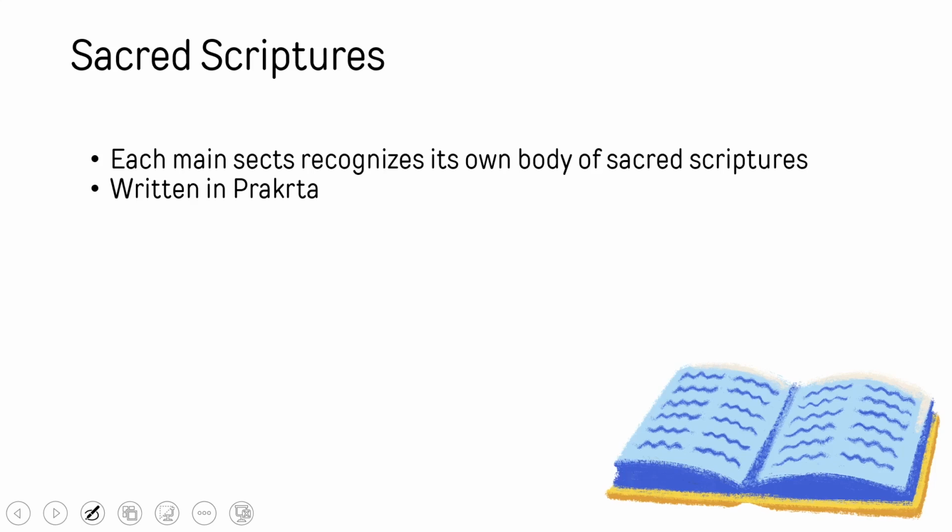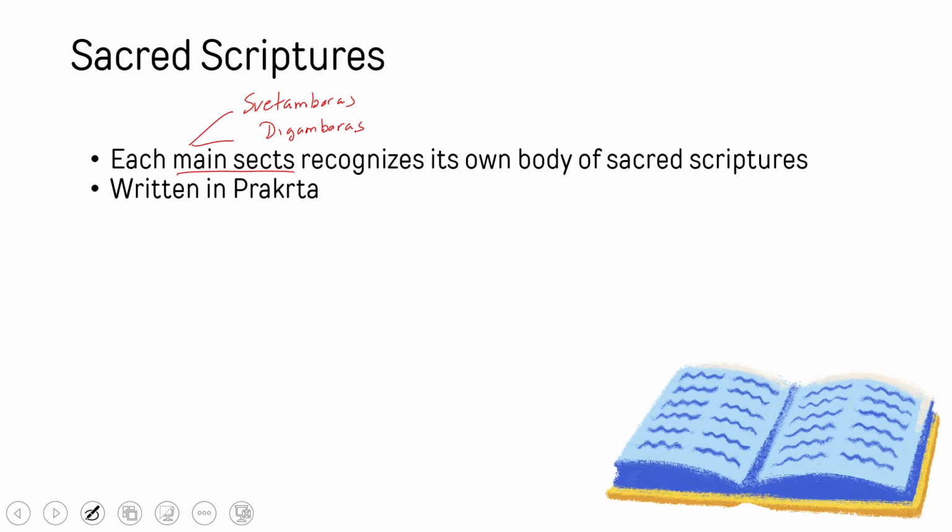Now we see that there are various classifications of sacred scriptures in Jainism. Each of the main sects recognizes its own body of sacred scriptures. So, can anyone tell which are the two sects in Jainism? Okay, you have the Shwetambaras and the Digambaras.